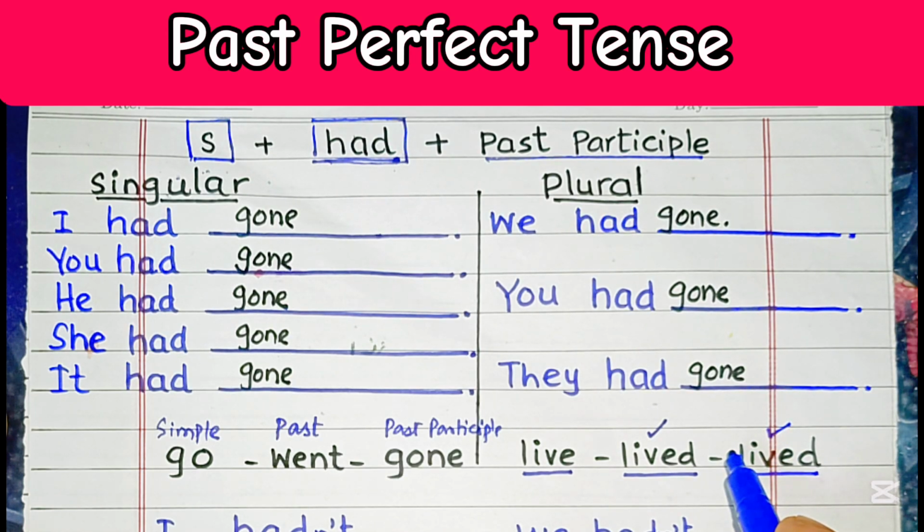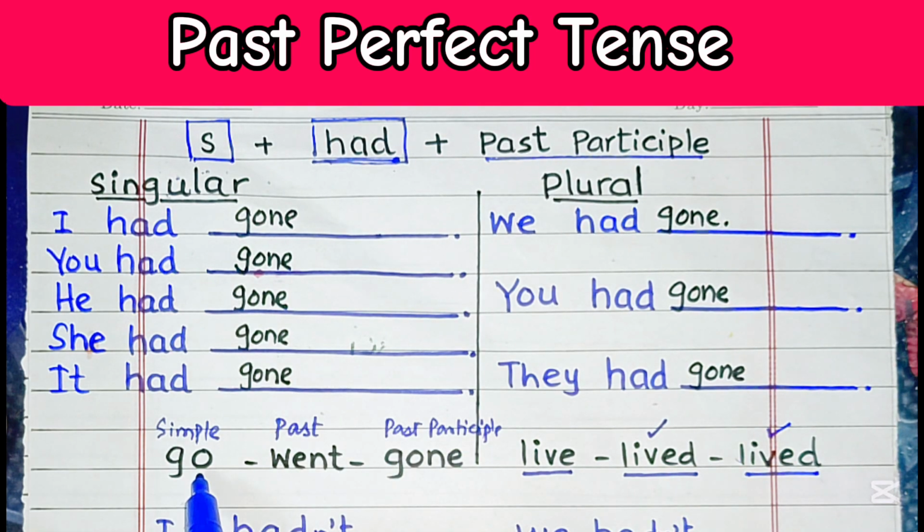There is no difference as far as their apparent look is concerned. So this is a regular verb, and with regular verbs the past tense and the past participle remain the same.